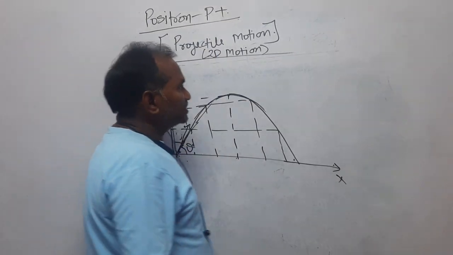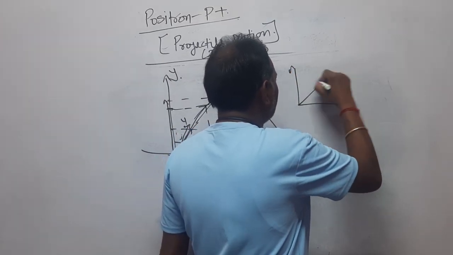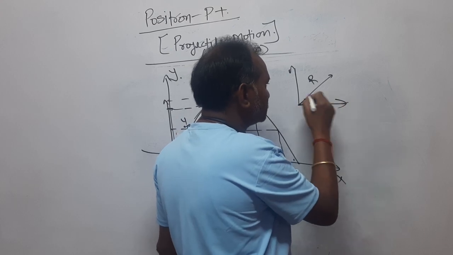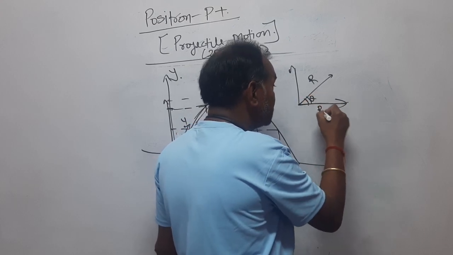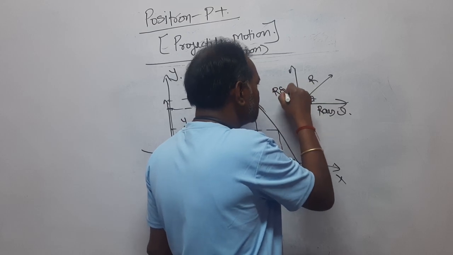Dear student, one thing you should always remember: if there is a vector r and this angle is theta, then the component adjacent to the angle is cos and the component away from the angle is always sine.